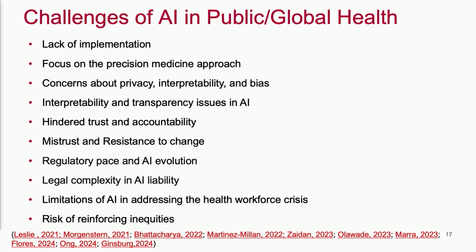The problem with interpretability and transparency is that it may hinder the trust and the usability of AI in public health by policymakers, patients, or healthcare professionals. And also there is mistrust currently, maybe unjustified, but there is mistrust and resistance to change, and it's always the same in the healthcare professional sphere.